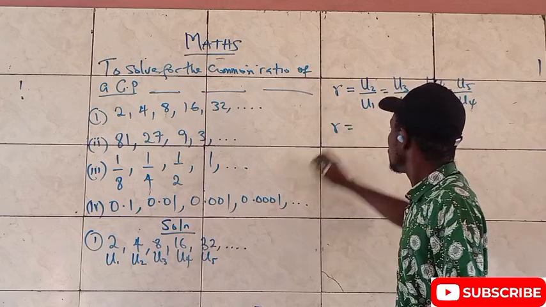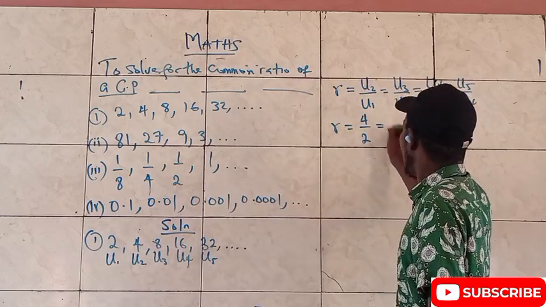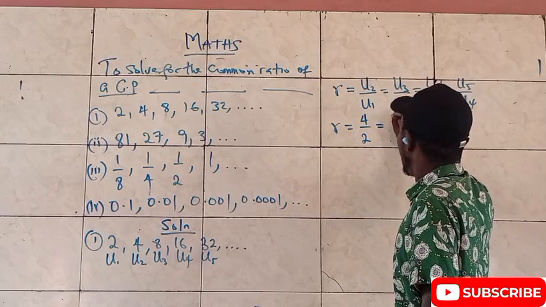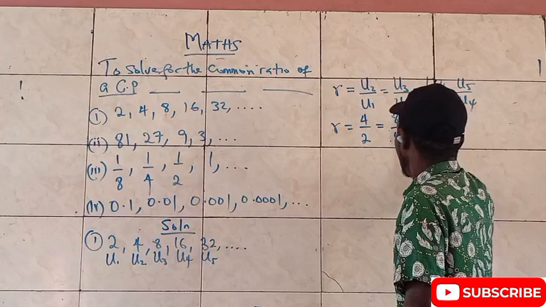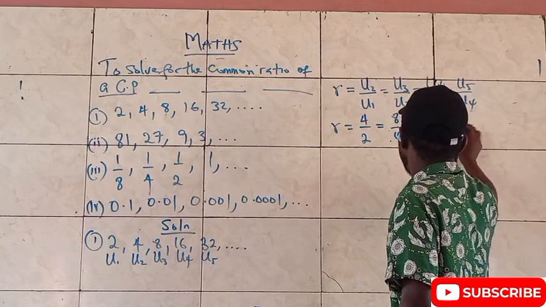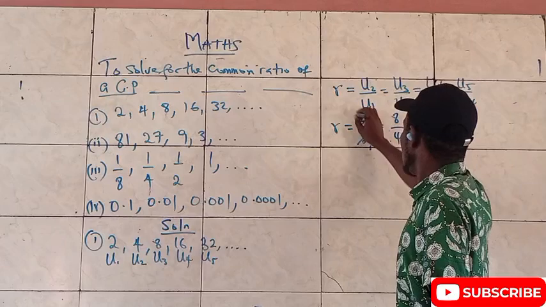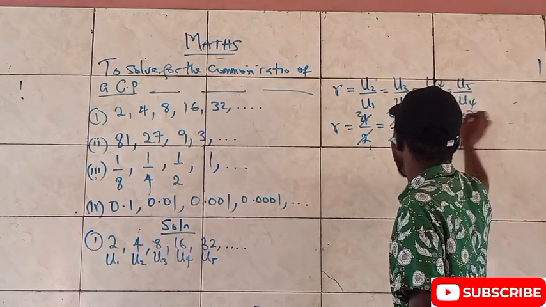So if that is said, what will I have? My R, my U2 is 4 over 2, because my U1 is 2, and it must be equal to 8 over 4. My U3 is 8, and my U2 is 4, and it will be equal to 16 over 8. Then 2 here 1, 2 here 2, 4 here 1, 4 here 2, 8 here 1, 8 here 2, 16 here 1, 16 here 2.